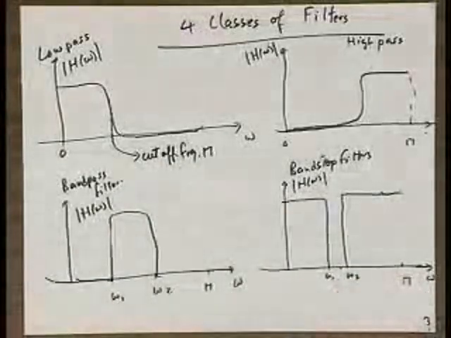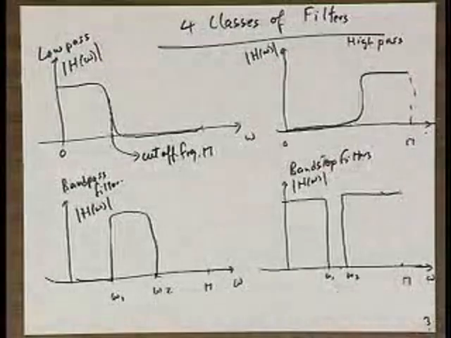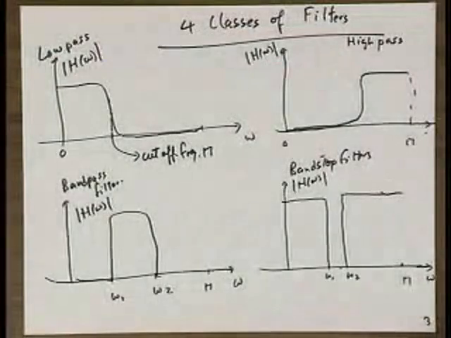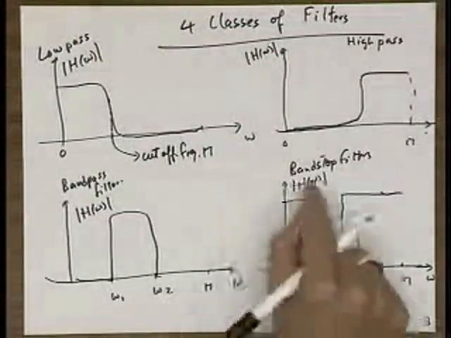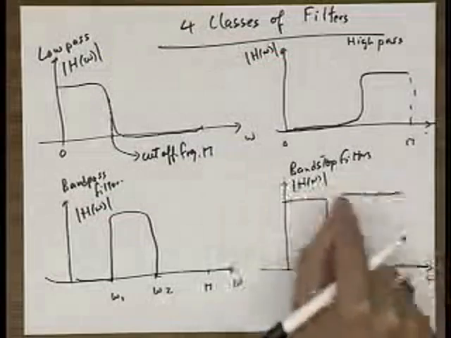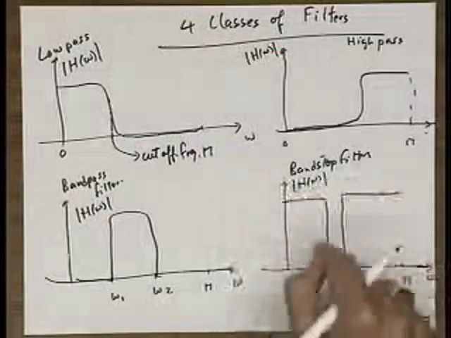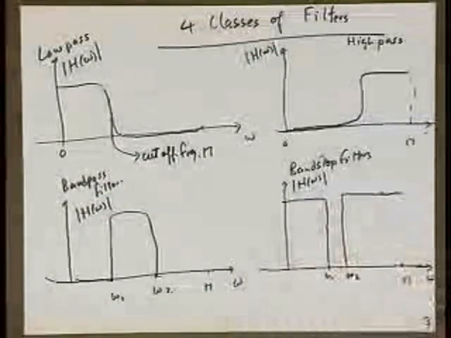Like in real life, what would it be? Yeah, like the 60 hertz, which is the AC frequency of the power lines. It comes in, it messes up a whole lot of other signals unintentionally, and you want to be designing what's called a notch filter to get rid of, let's say, 60 hertz or some other thing. So that's an example of a band stop filter.